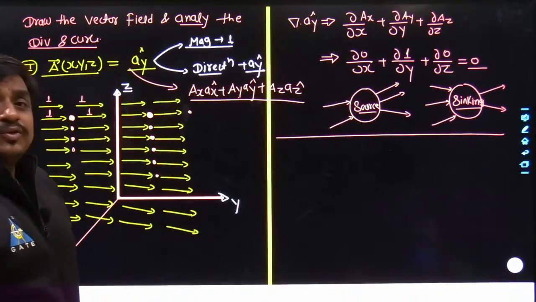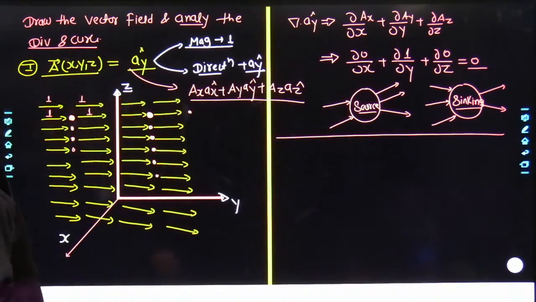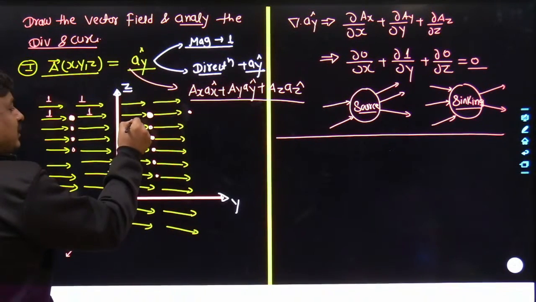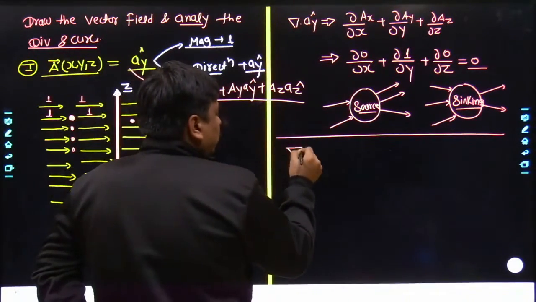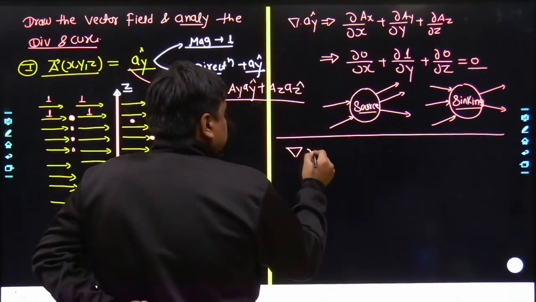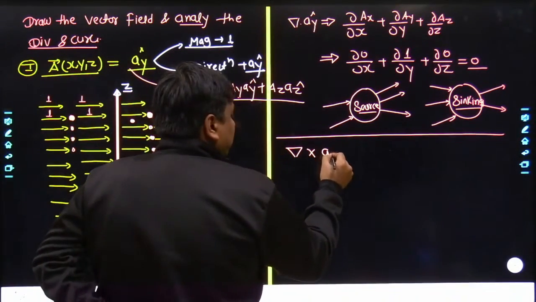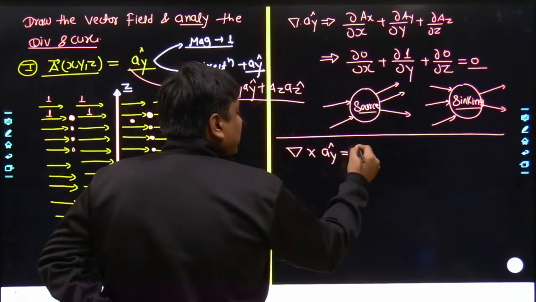Now I would like to ask one more important thing. What about the curl at this point? If I would like to calculate the curl of the vector A, which has been written as A y cap, may I know what would be the value of this?